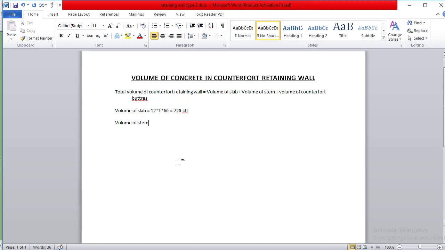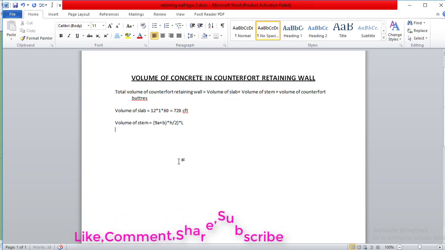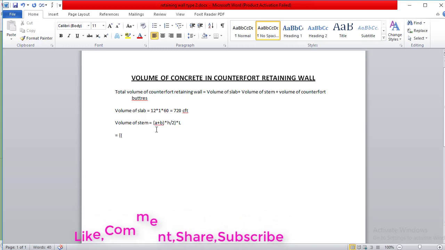So the volume of stem will be equal to (a plus b) multiplied by h divided by 2, multiplied by the length of the retaining wall. If you put the values in this formula, you will get the volume of this stem.